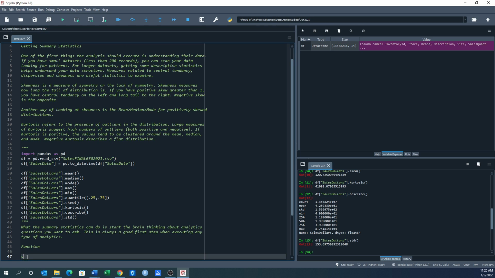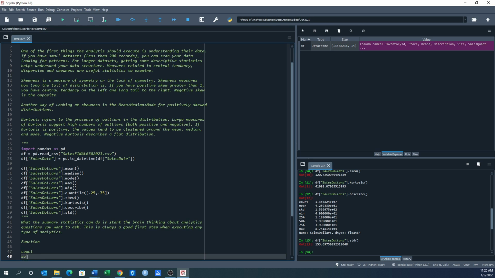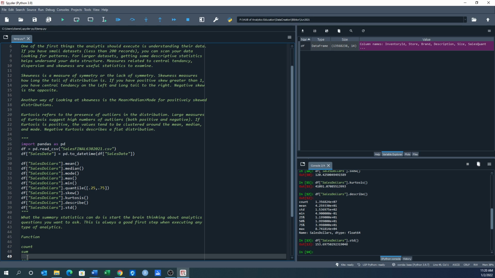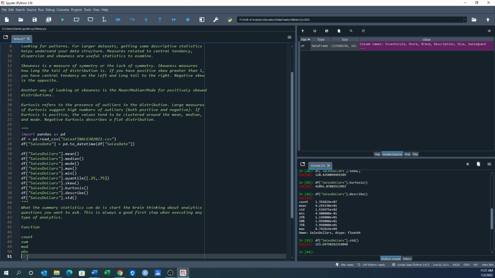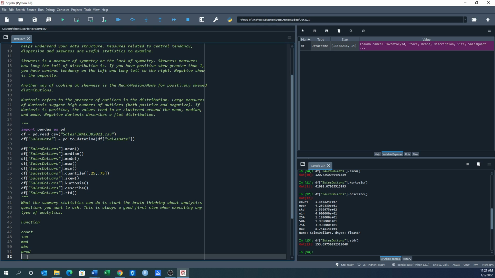So count, sum, MAD, which is the mean absolute deviation. We can get the min, max, mode, ABS, which is the absolute value. We can get the product of all the values, so basically multiply all of them together.